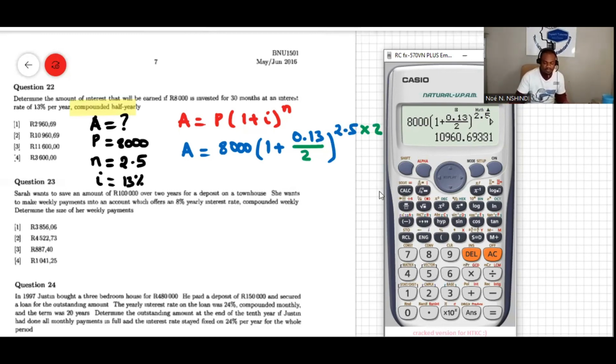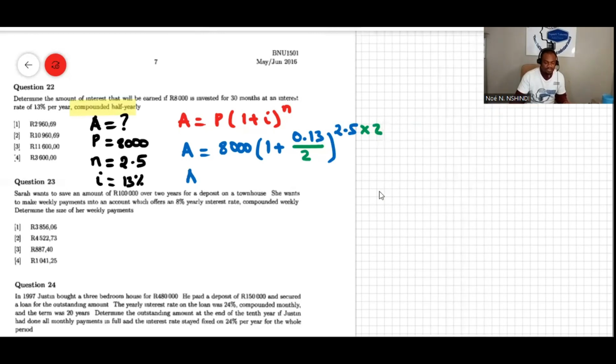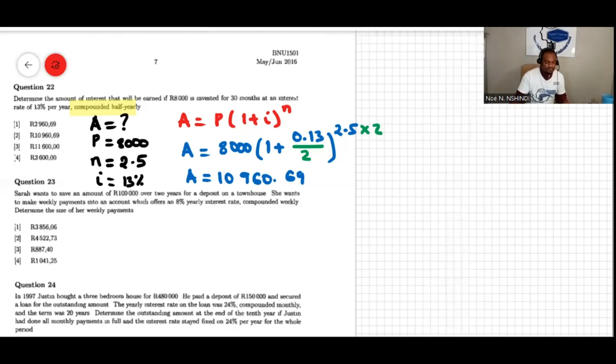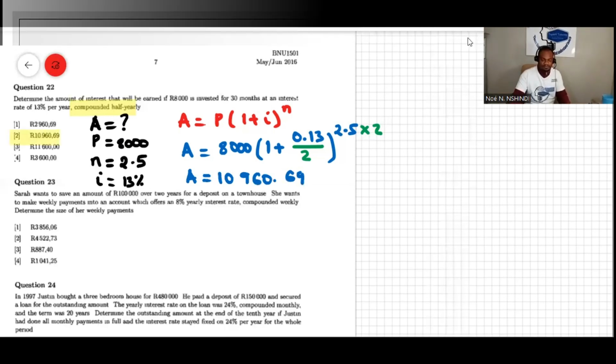So the amount will be 10,960.69, which is alternative 2.